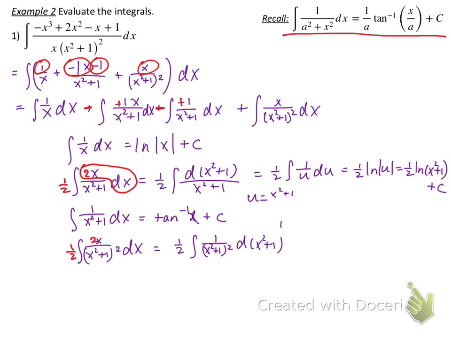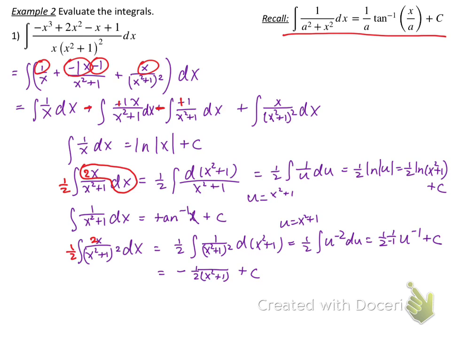Again, u is x squared plus 1, and you're having 1/2 u to the negative 2 du, which is 1/2 u to the negative 1 over negative 1 plus c. And this is negative 1/2, and then u is, what's my u? x squared plus 1, plus c.